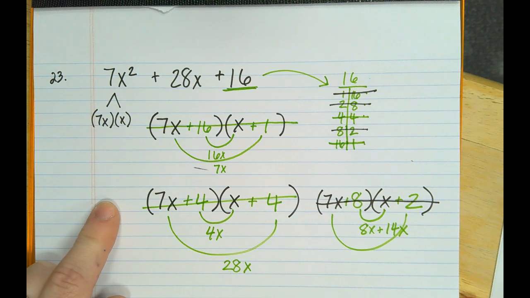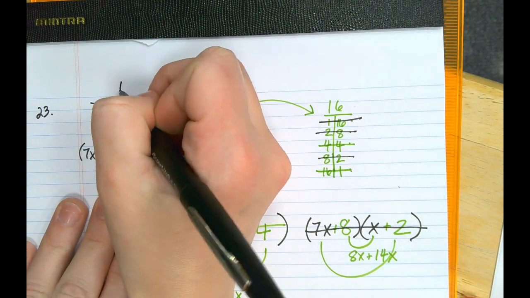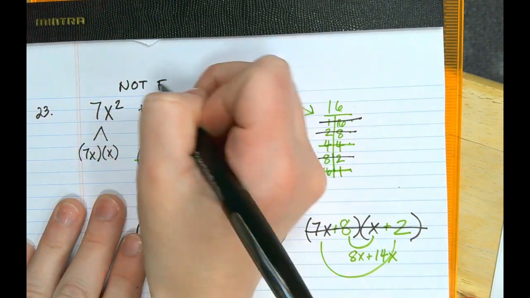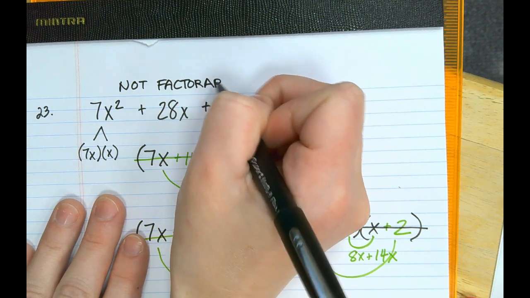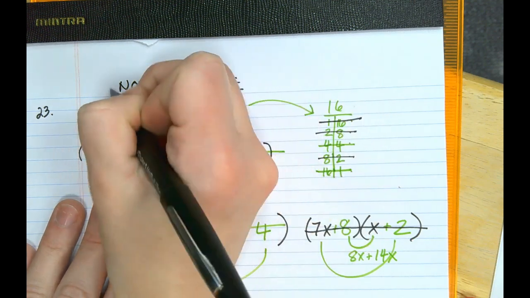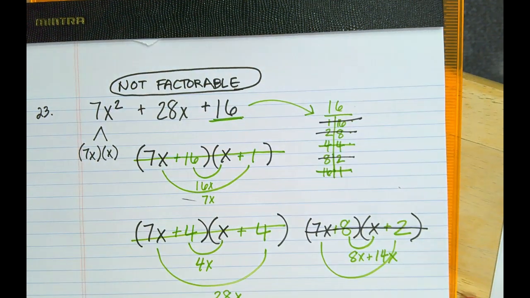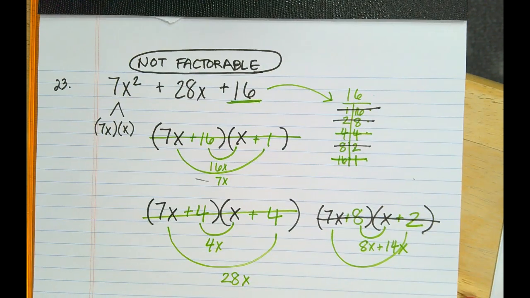It's not factorable. So number 23 is not factorable. Okay?